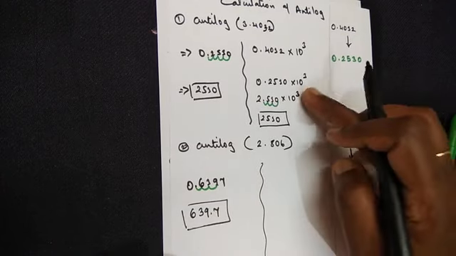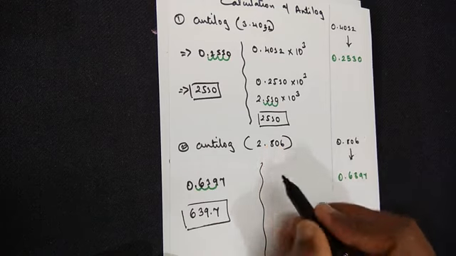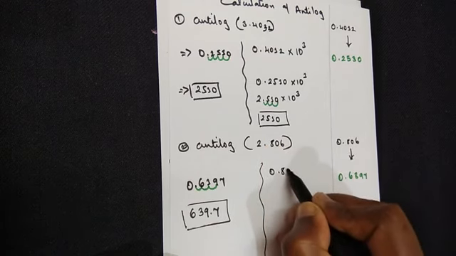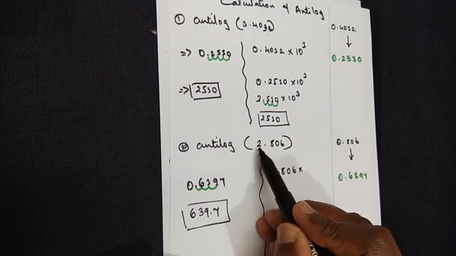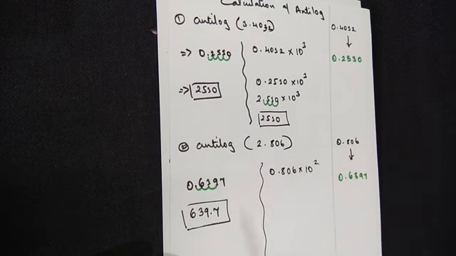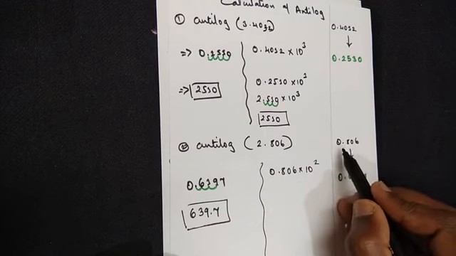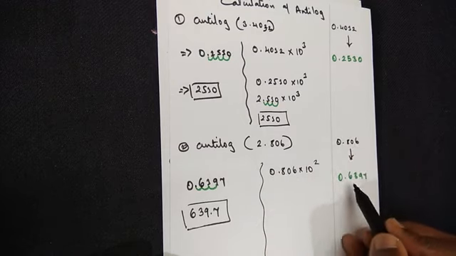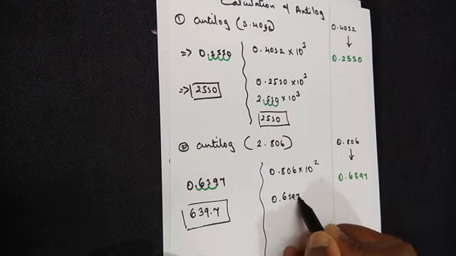Let's work this with the other method too. The same question you can rewrite as 0.806 into 10 to the power 2, the number before the decimal point becoming the power here. As usual, if you calculate the anti-log of 0.806, we get the final answer to be 0.6397.